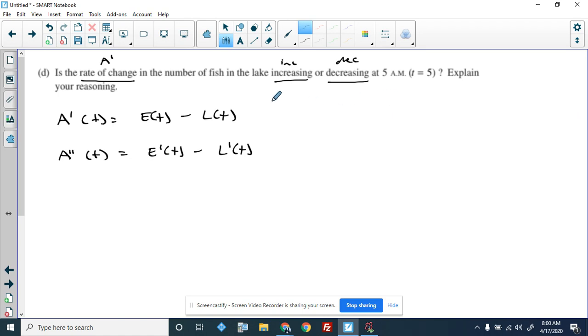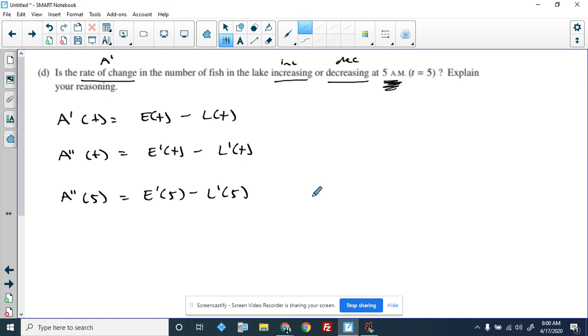Now, they want to know, is it increasing or decreasing at an instant at t equals 5? So that basically means you just have to do A double prime of 5, which would be E prime of 5 minus L prime of 5, and then figure it out, right? If this is greater than 0, then you know we're increasing at that moment. And if it's less than 0, then A prime is decreasing at that moment.